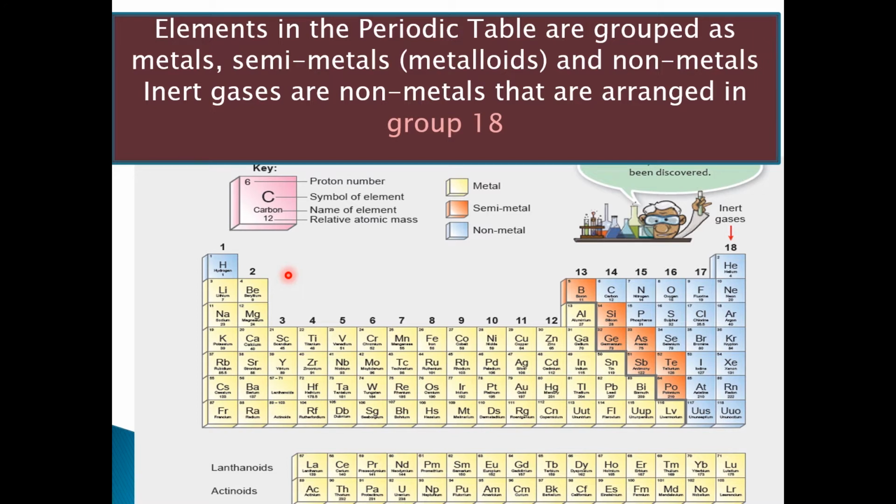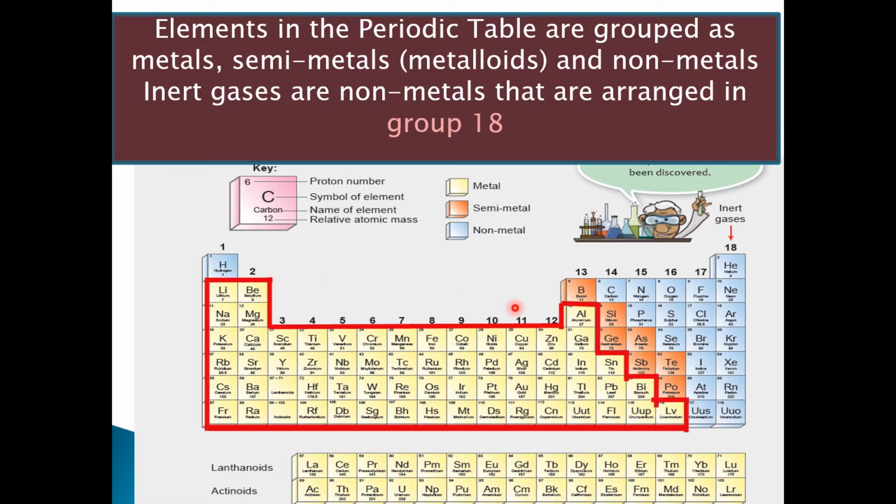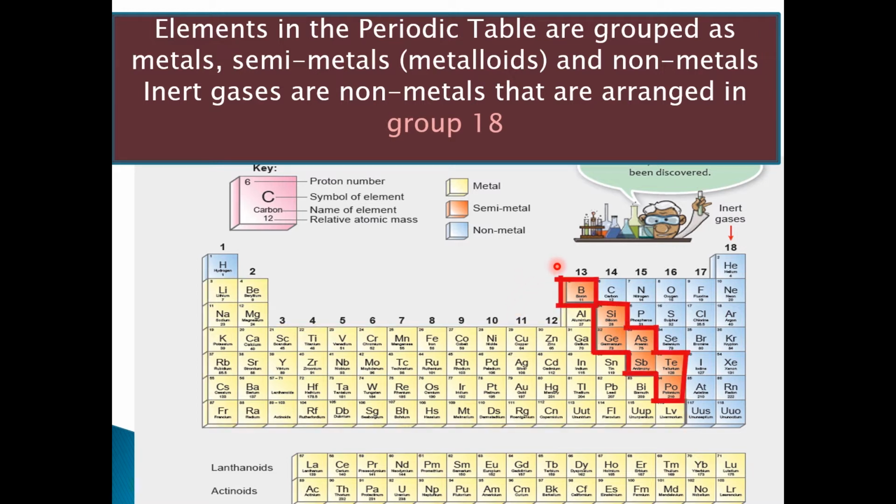Elements in the periodic table are grouped as metals, semi-metals, and non-metals. Inert gases are non-metals that are arranged in group 18. Next, let's look at some examples of metals, semi-metals, and non-metals.